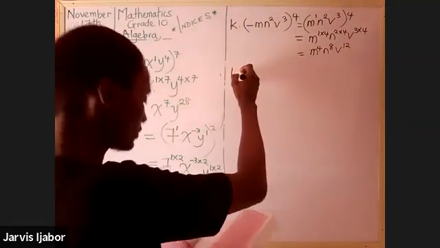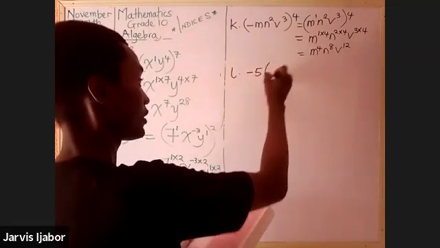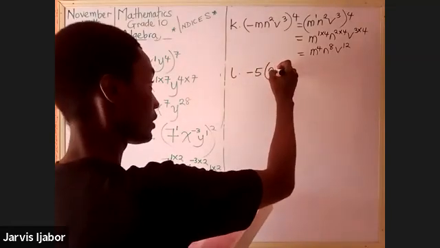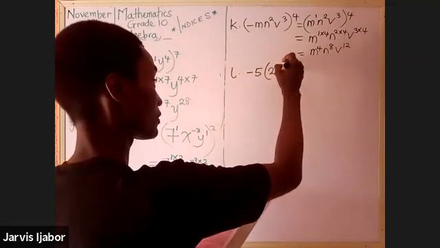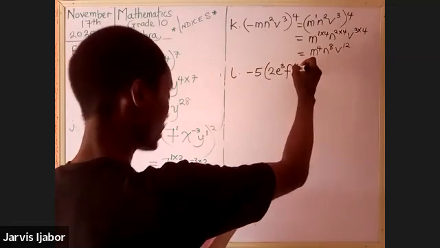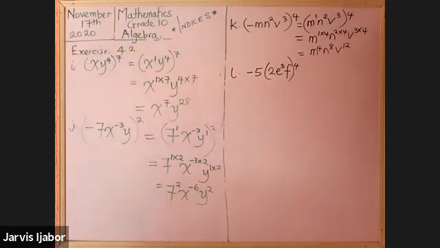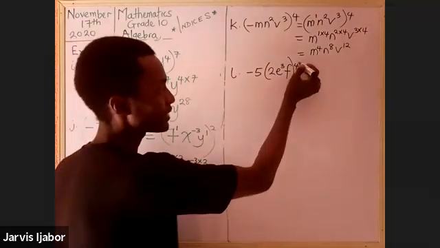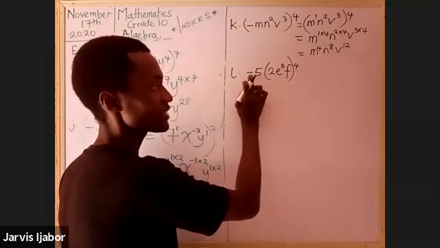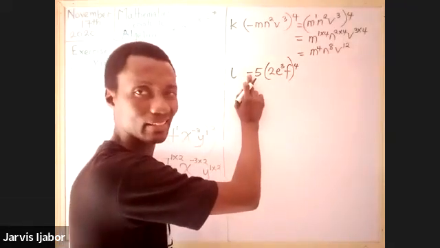L. Negative 5 into 2 e to the power of 3, f, all to the power of 4. Now look at that. Notice that this negative 5 is not in the bracket, so it is not affected.